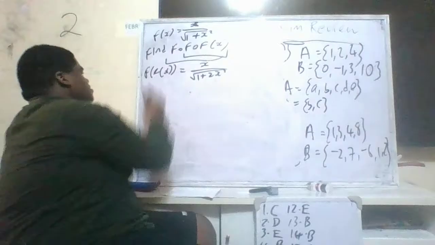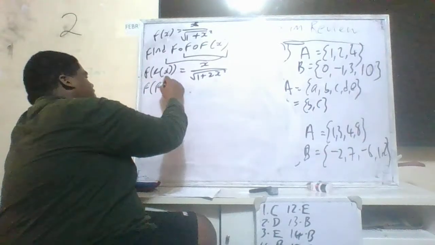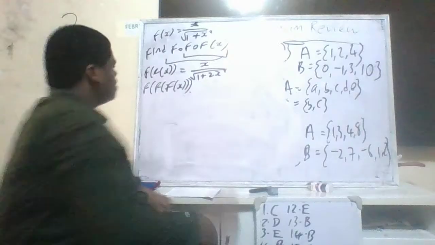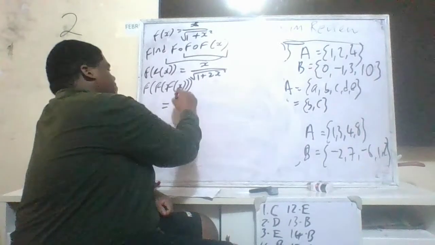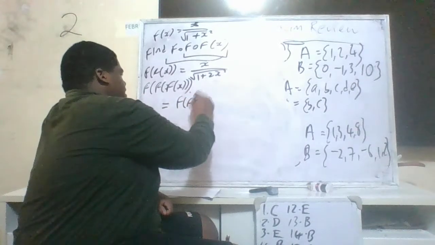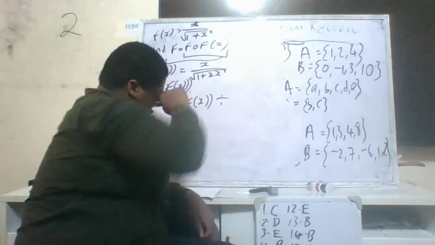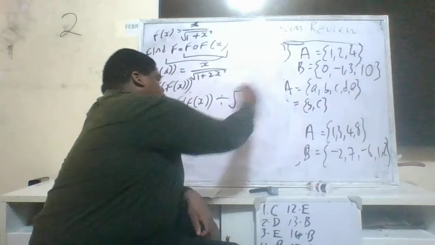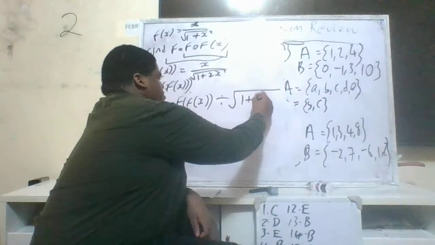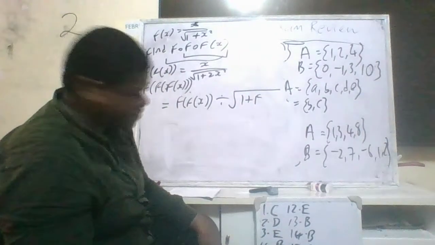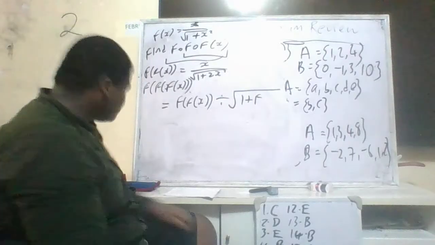So now let's find the next composition. This is going to equal f of x divided by the square root of 1 plus f squared. Too many f's. You know what?